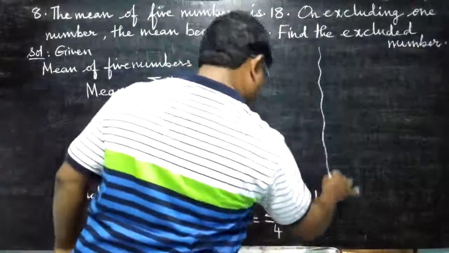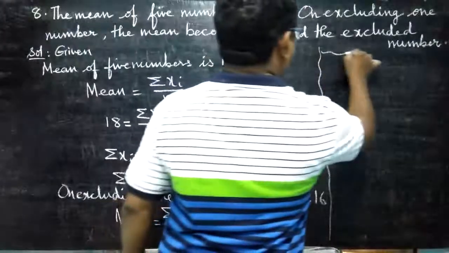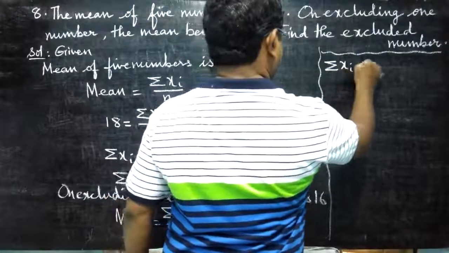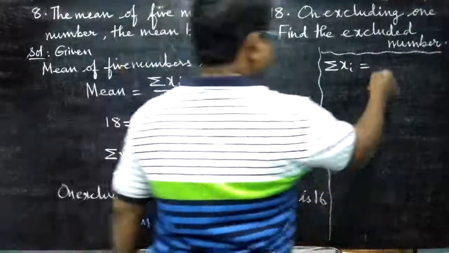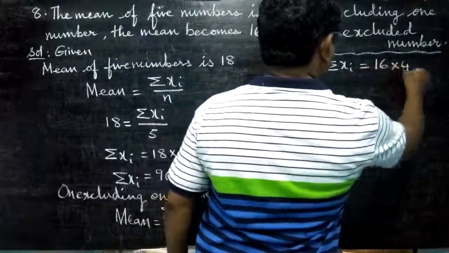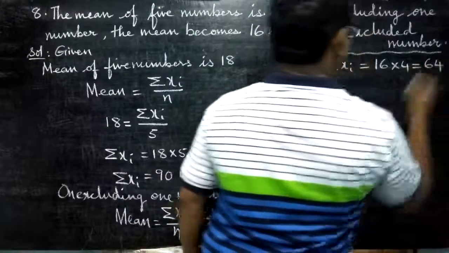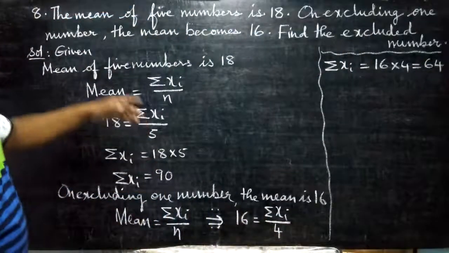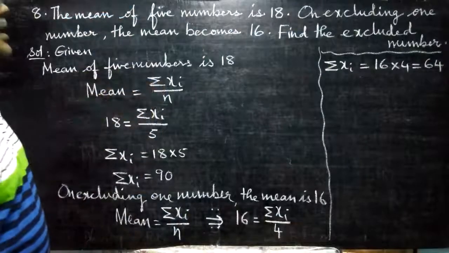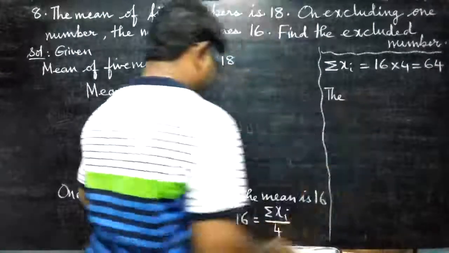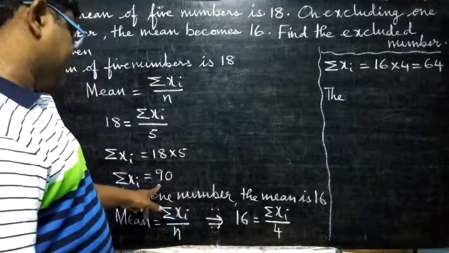Now sigma xi is equal to 16 into 4. 16 into 4 is 64. Are you able to follow? Now they are asking for the excluded number. To find the excluded number, subtract the second total from the first total.